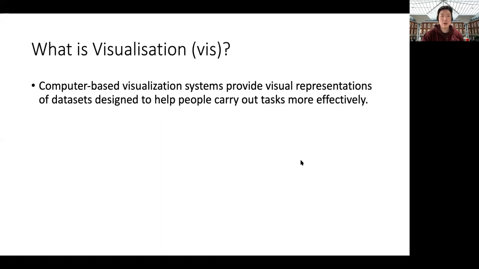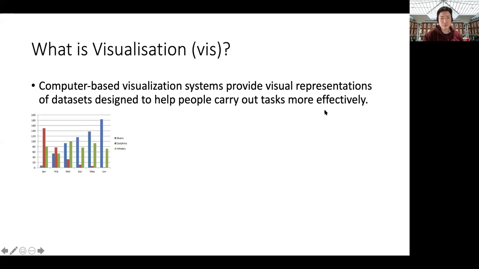This is the definition given in the book, and it's quite long. We're going to break it down and give you examples of the different parts of this definition. It says visualization is a computer-based visualization system that provides visual representations of data sets designed to help people carry out tasks more effectively.